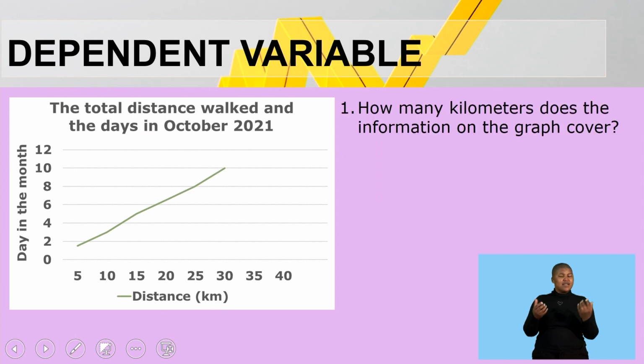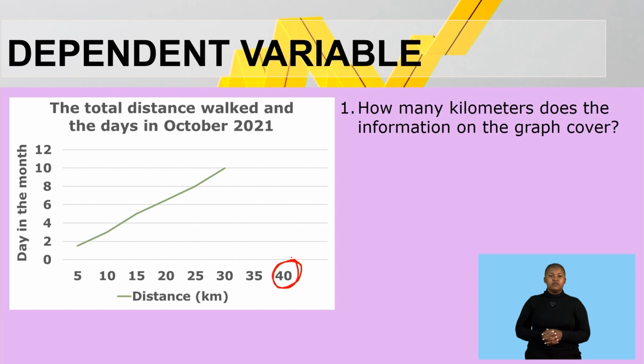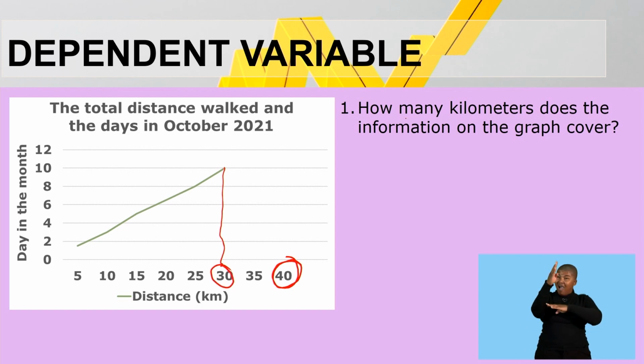How many kilometers does the information cover on the graph? The maximum there is 40, but if we go and look at the graph itself, the kilometers on the graph that it covers was 30 kilometers.